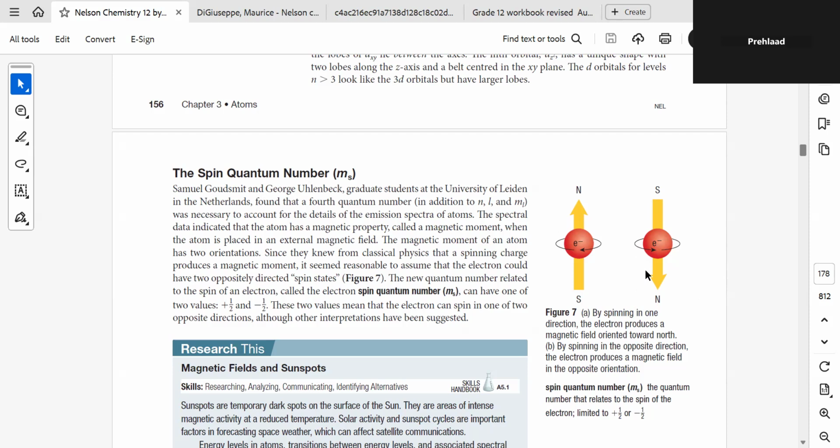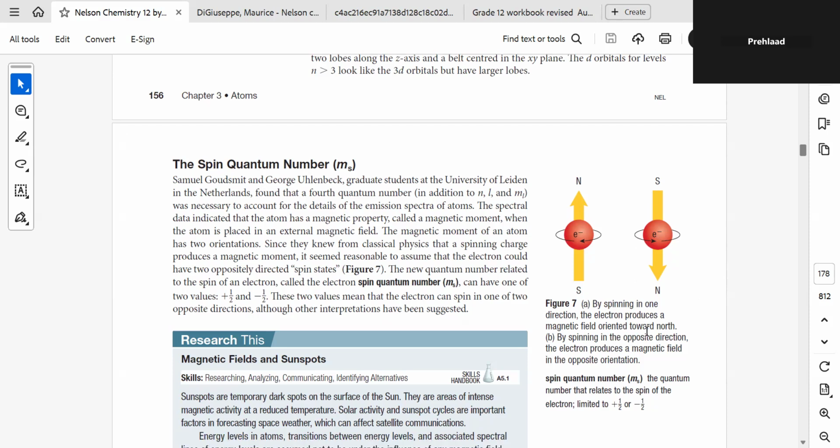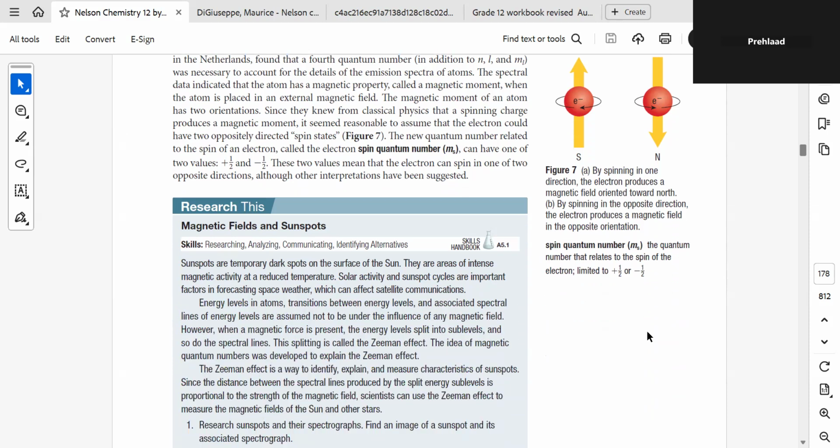Correct? So just write down now the last part for this. And now you know the reason why it needs to be plus half and minus half.